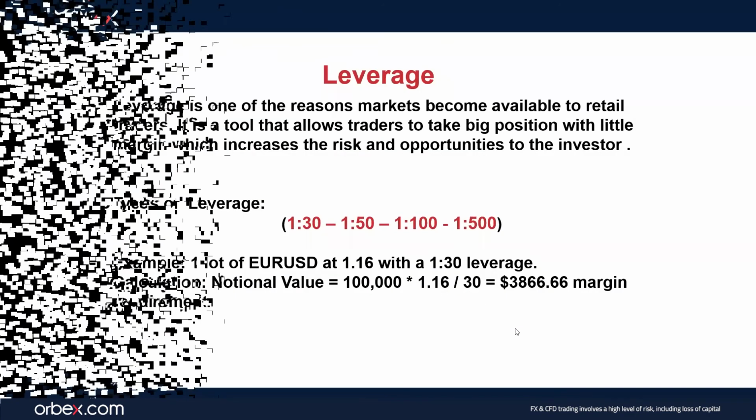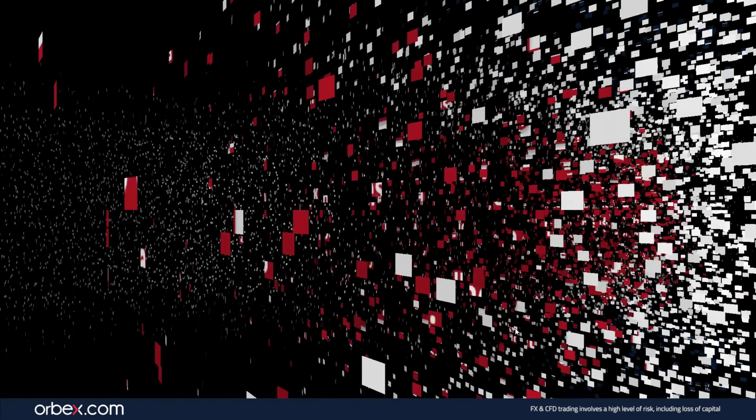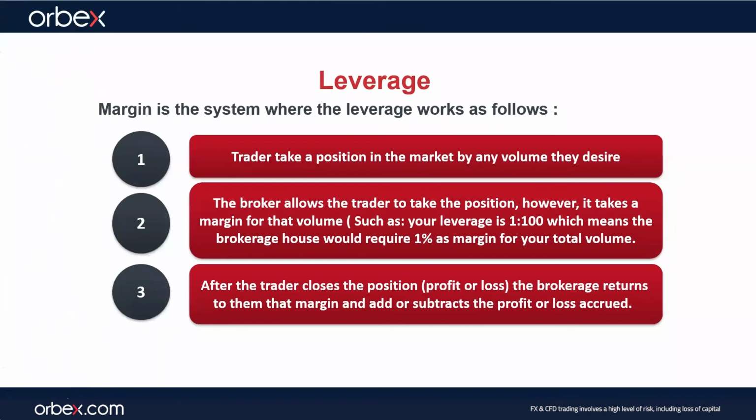With that being said, I just want to move on to the final couple of slides for the presentation, and another brief look at what leverage is. With leverage, the trader takes a position in the market by any volume they desire, and then the broker Orbex allows the trader to take the position. However, it takes a margin for that volume, like we just saw.